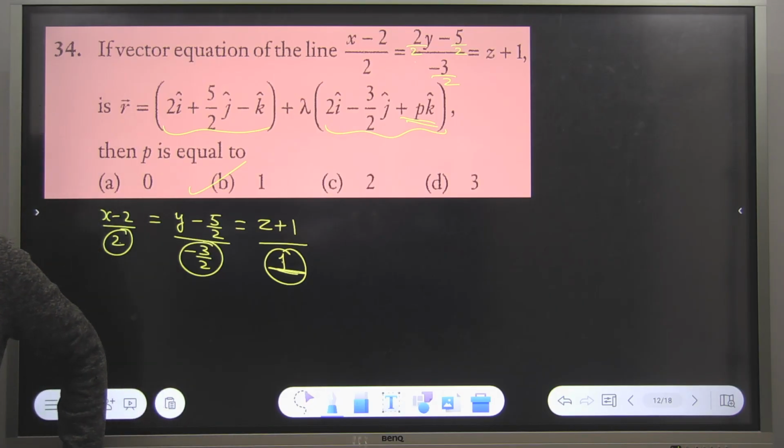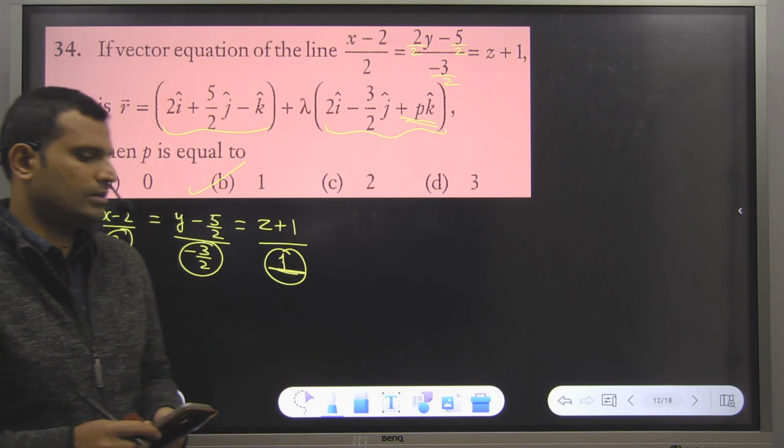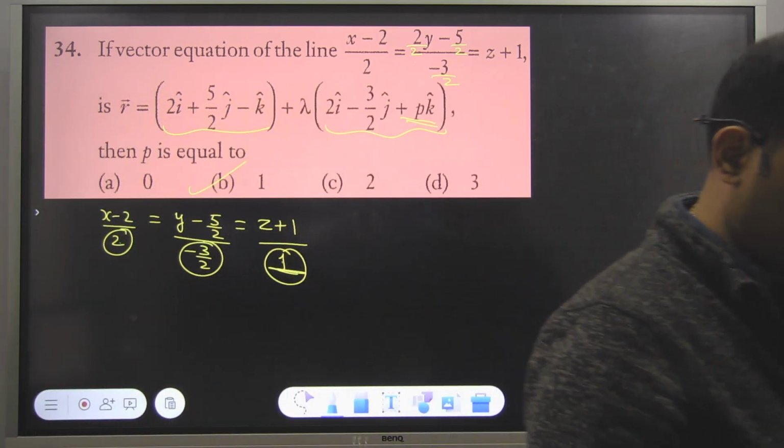Is this understood? Chikodi students, are you able to follow what we are discussing? Okay. Note down, I'll give you some time.